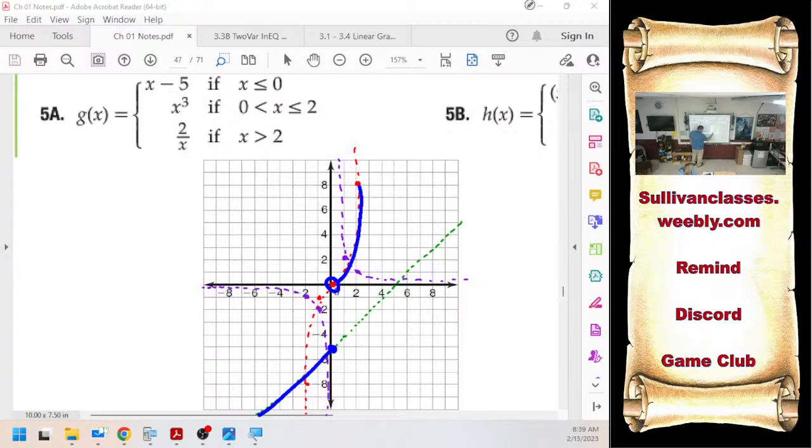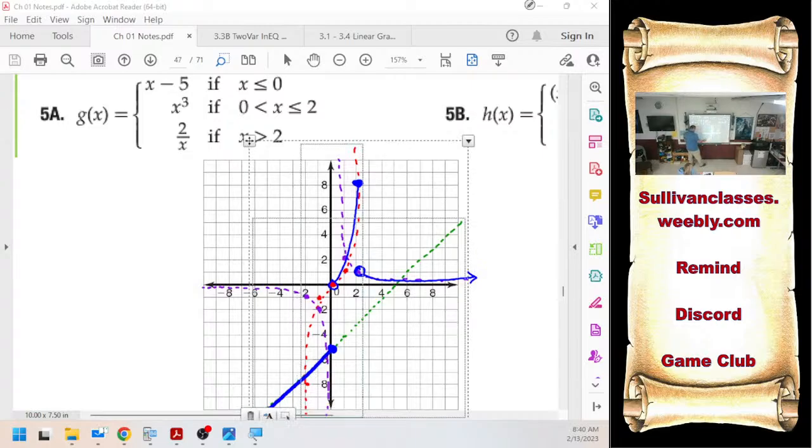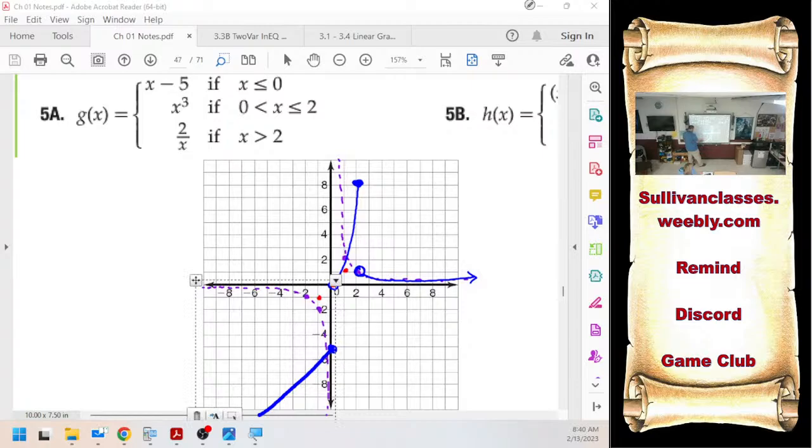That was off. Here. And I only care about the reciprocal after 2. So open circle onward. Everything else, get out of here.